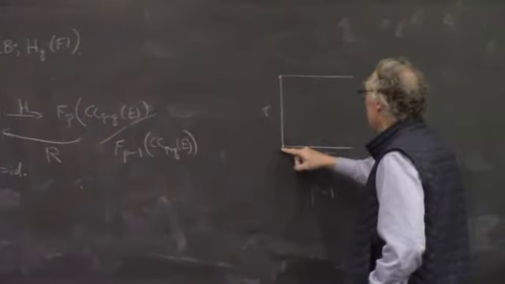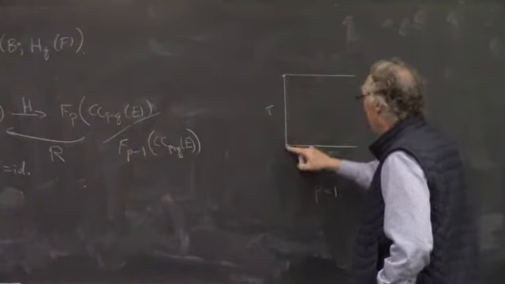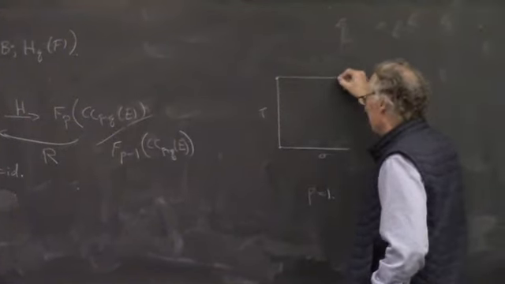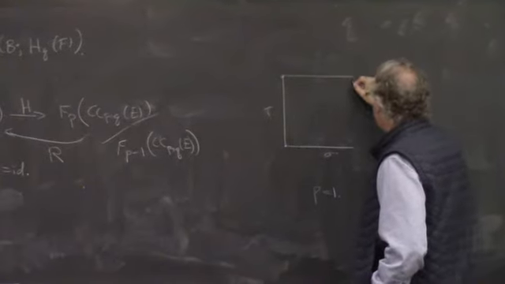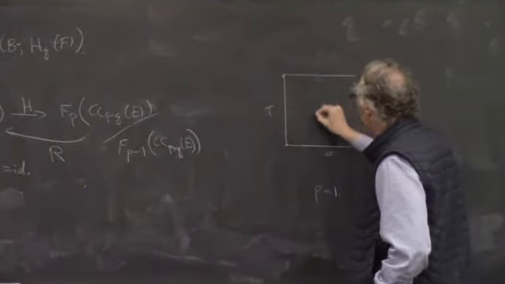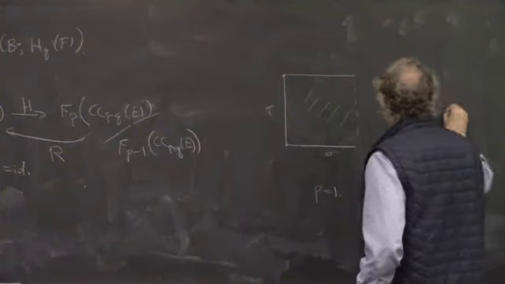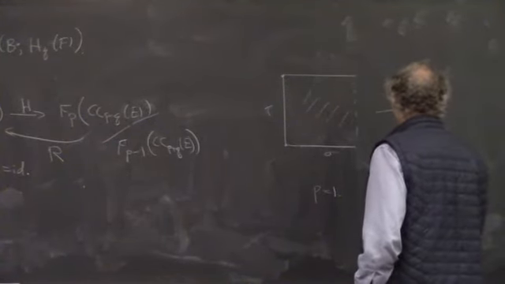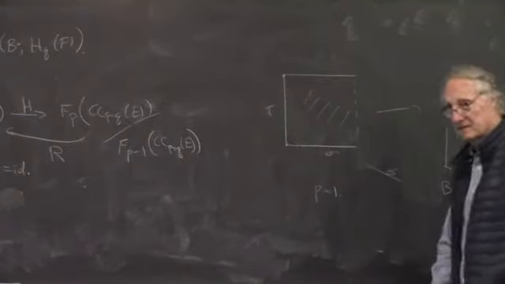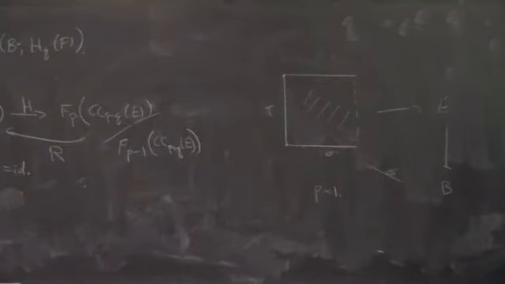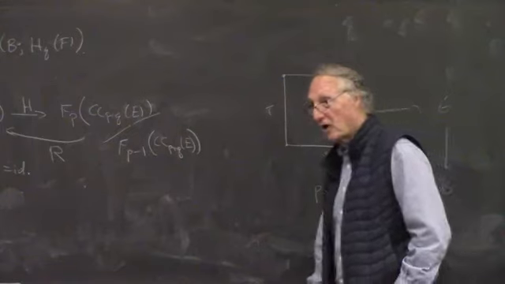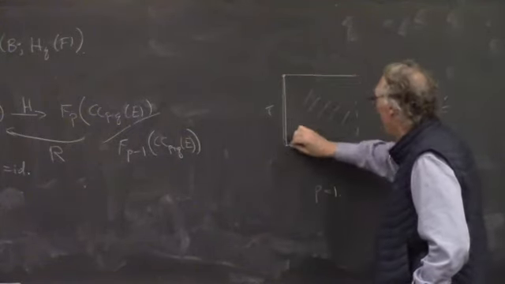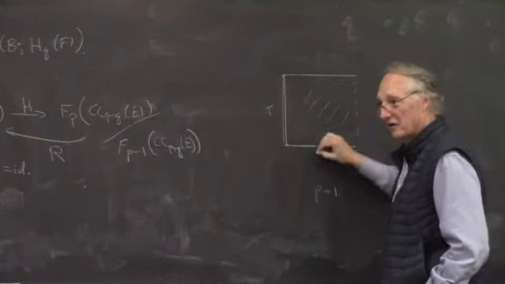Well, so here's tau. On its endpoints, I'll just put what I have to, which is sigma. And now I need to extend that over the whole square, mapping into E, projecting down to sigma in B. Well, this is exactly the homotopy extension property. I mean, what we have here is a square modulo an interval on its boundary.